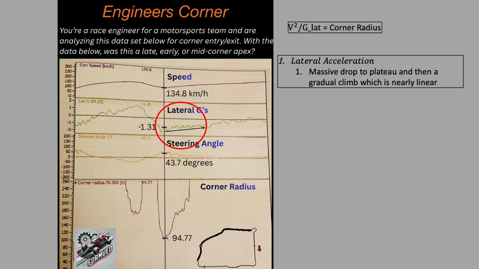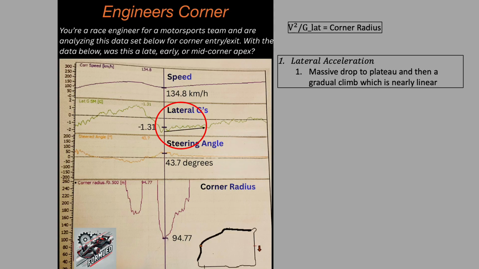For a late apex, you're typically going to be slowest in the middle and then fastest out. For an early apex, you're probably going to have a nice fast entry, but then a slow exit. And for a mid apex, you're going to have a pretty high average speed across it. That trend should tell you something there.